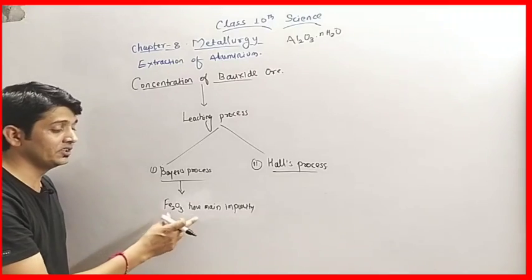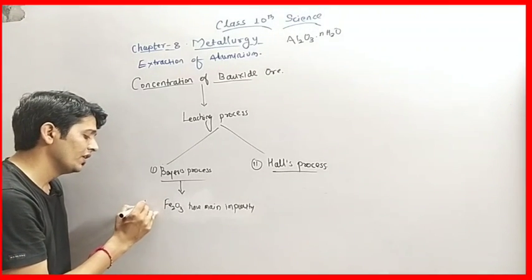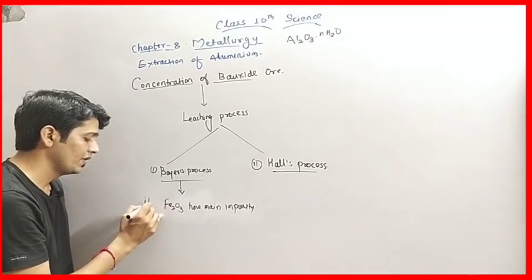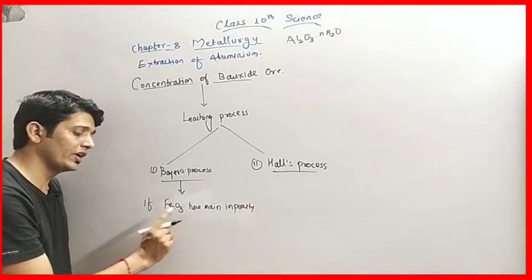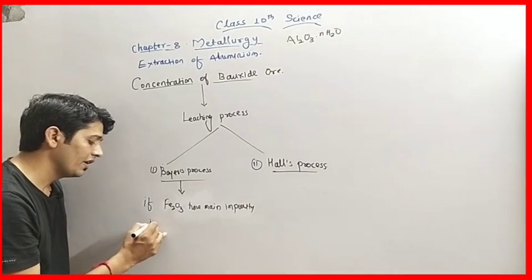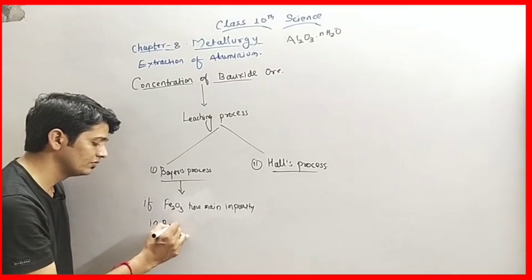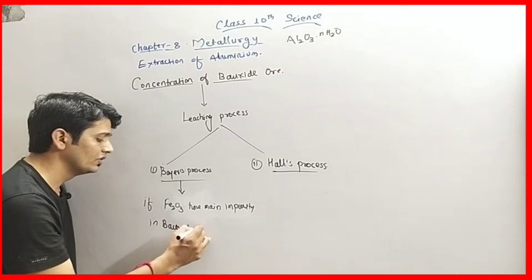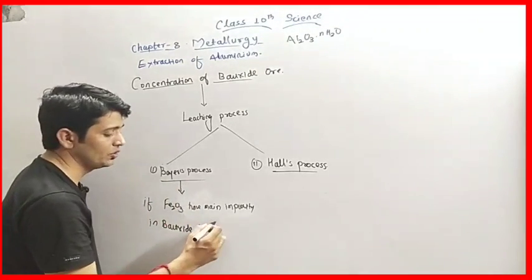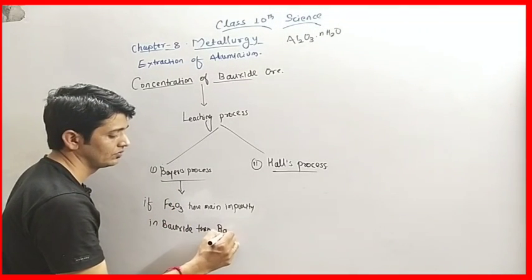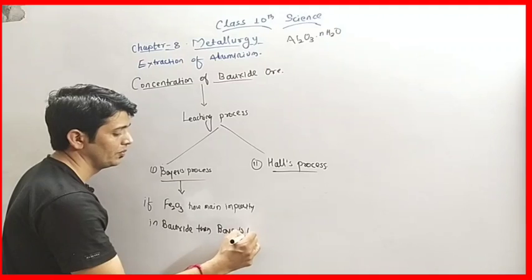So we have to convert this into a conditional statement. If ferric oxide is the main impurity in bauxite, then Bayer's process is used.